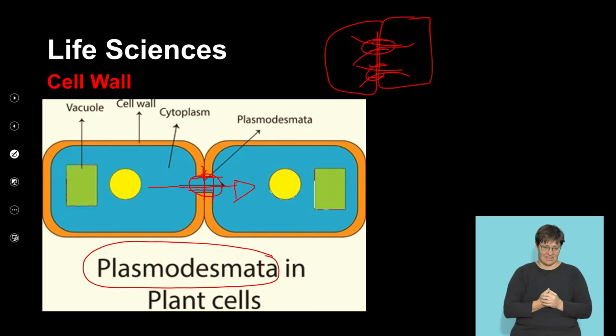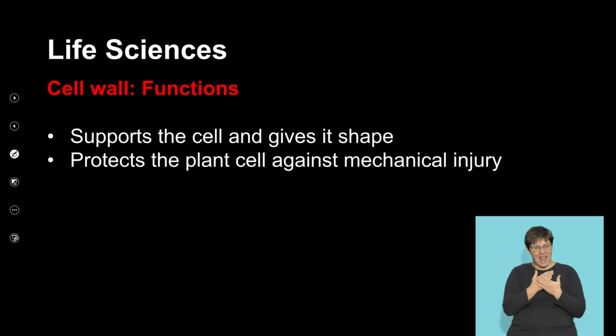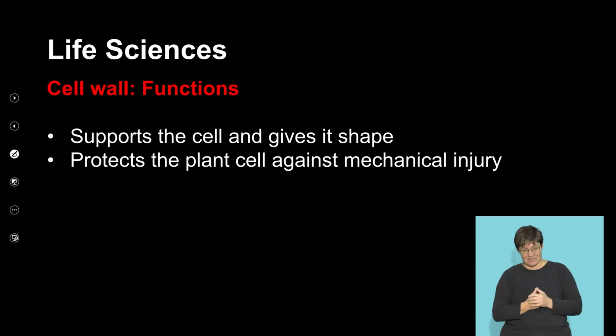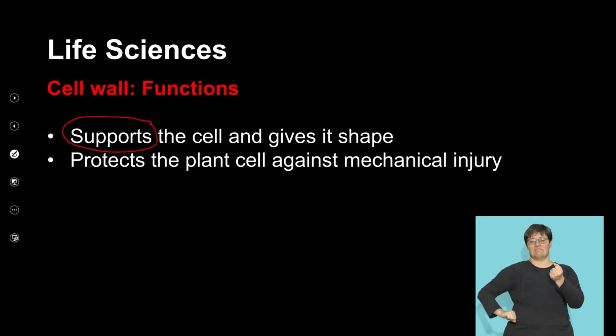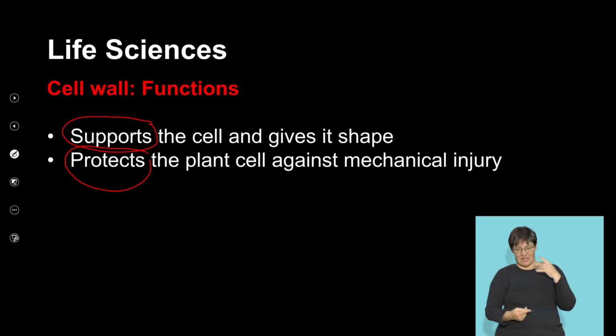They need to be able to transport things. Now, what is the function of the cell wall? Because it has this solid feature, it supports. And in supporting, it also protects a plant against mechanical injury when it bends in the wind or things like that.